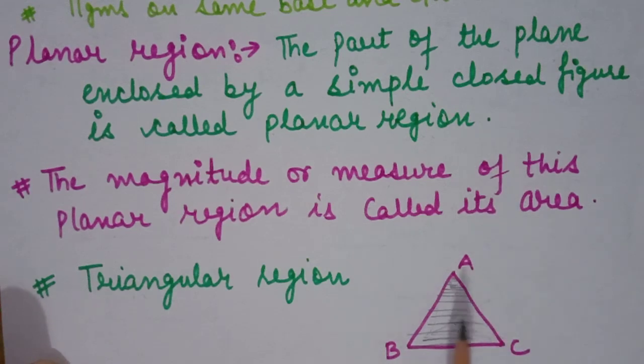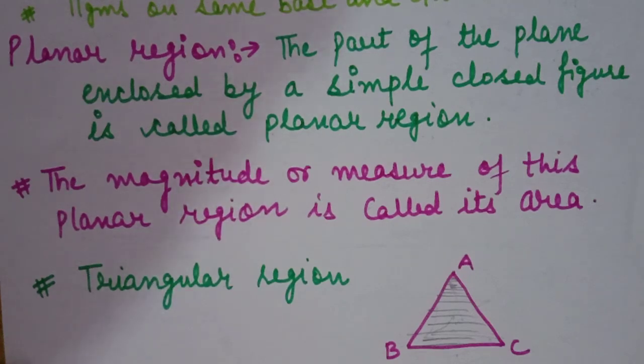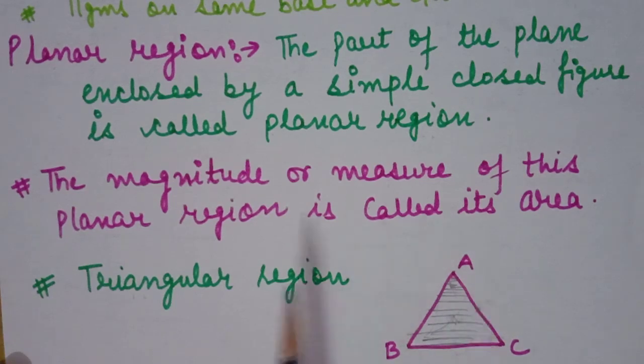The shape of the region is triangular. So the proper definition of the triangular region is: the part of the plane enclosed by a triangle is called the interior of the triangle, and the union of the triangle and its interior is called the triangular region. Union of the triangle and its interior means the union of this border with this interior region.